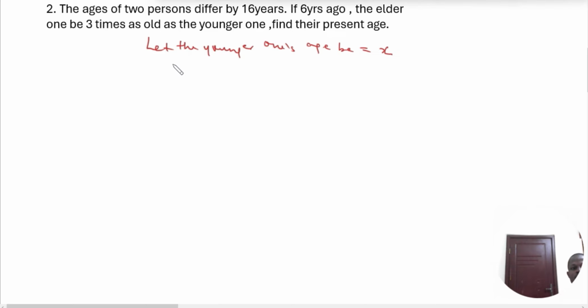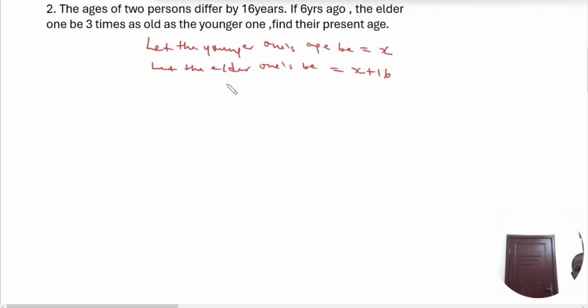Since the younger one's age is equal to x and we are told they differ by 16 years, that means the elder one is 16 years older than the younger one. So the elder one's age will be x plus 16 years old, from the statement given in the question. They differ by 16. So if the younger one is x, the older one will be x plus 16.